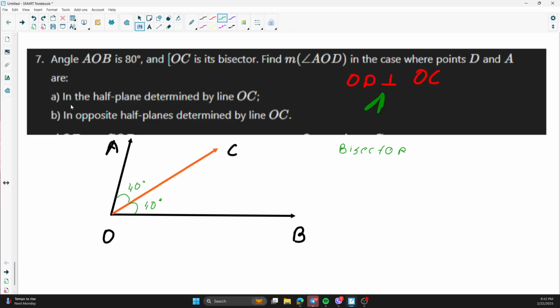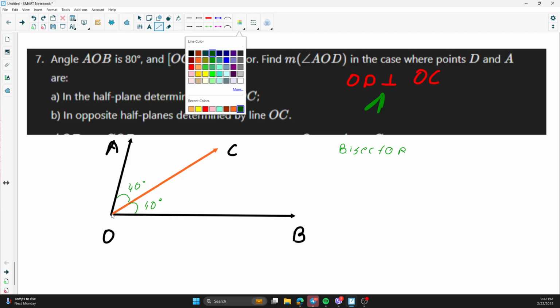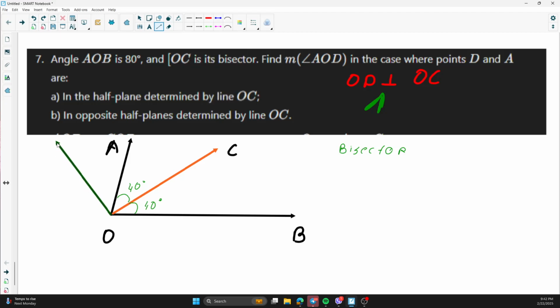So in the half plane determined by line OC, let me make it green. So OD is in the same half plane. You know that DO is perpendicular with OC, which basically means this part is 90 degrees. So if this is 90 degrees, you need to find the angle AOD.